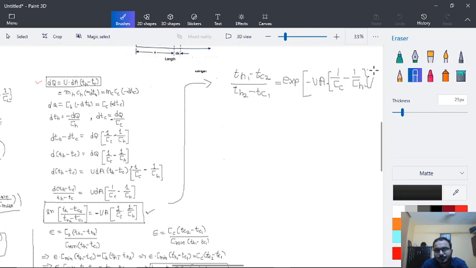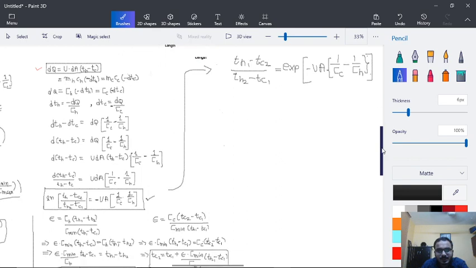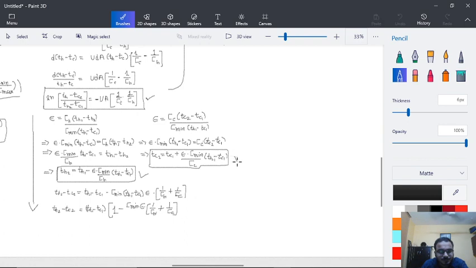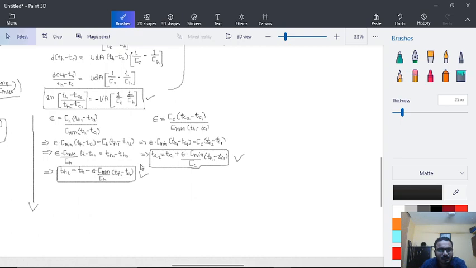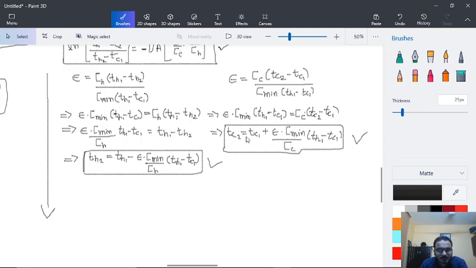Now we can put the values of TC2 and TH2 which are obtained here. This difference is not applicable and not useful in our counter flow, so we will only utilize these two values and directly put them there.